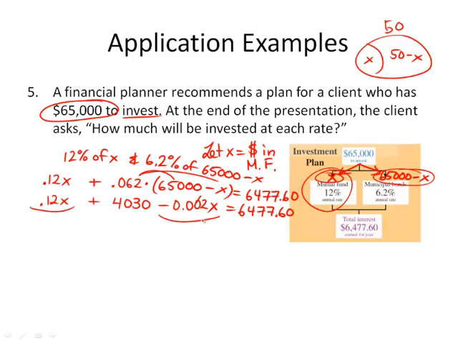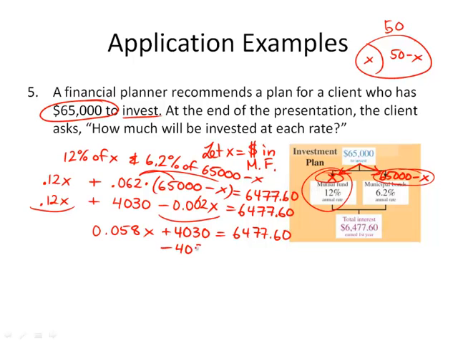Our x values, 0.12 minus 0.062 gives us 0.058x plus 4,030 is 6,477.60.